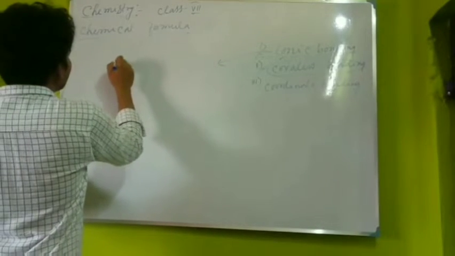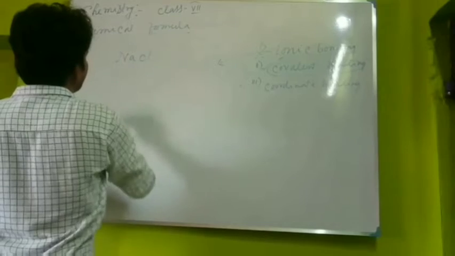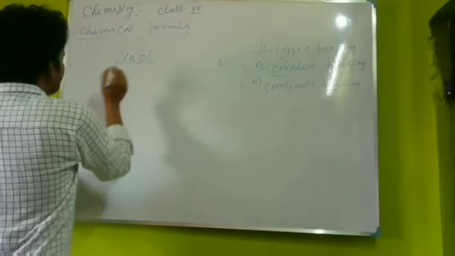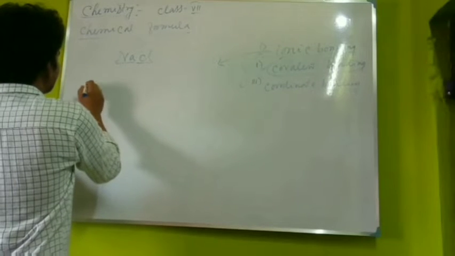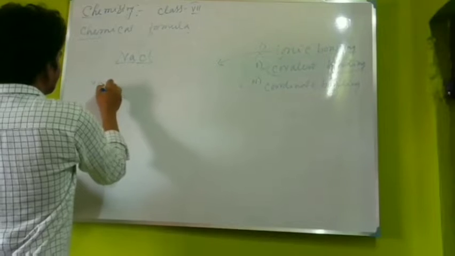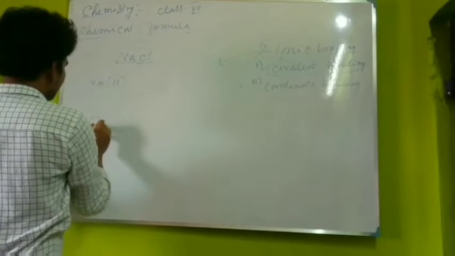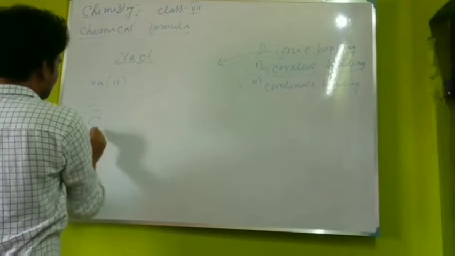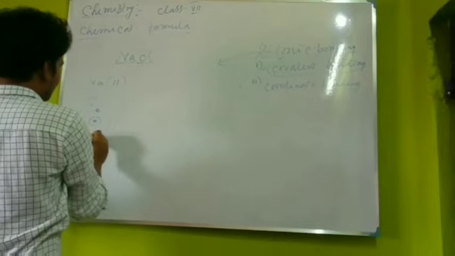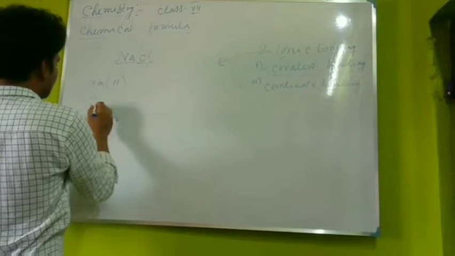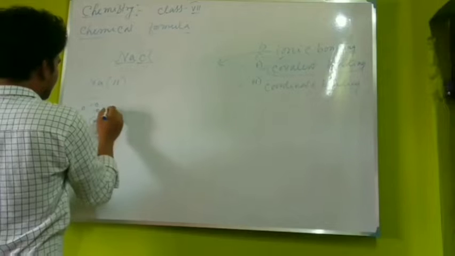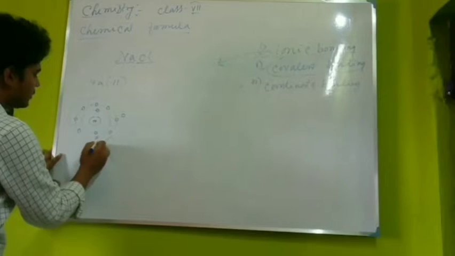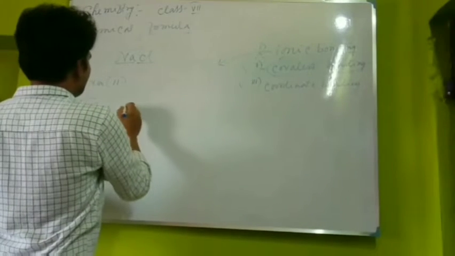Such that you take NaCl. We know Na is positively charged. The atomic number of sodium is 11, and if we draw the electronic configuration, we can see the nucleus, 2 electrons, and only one electron present at the outer shell, so that is Na.